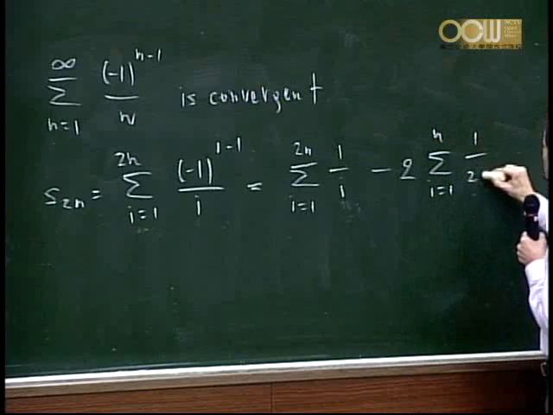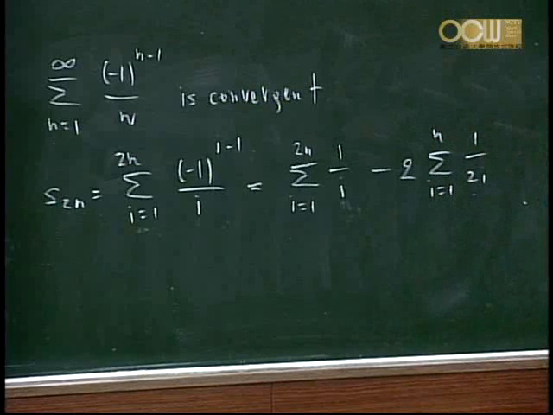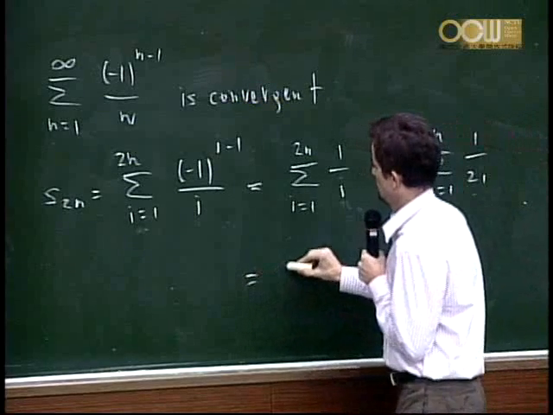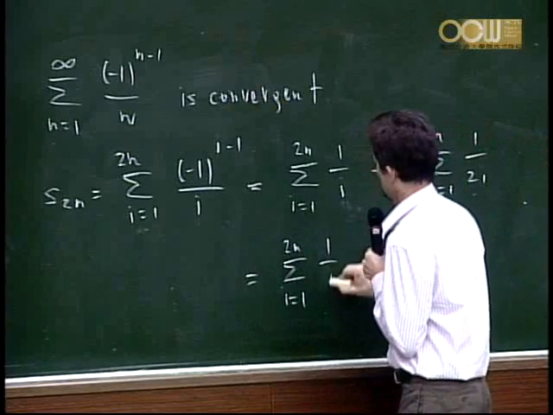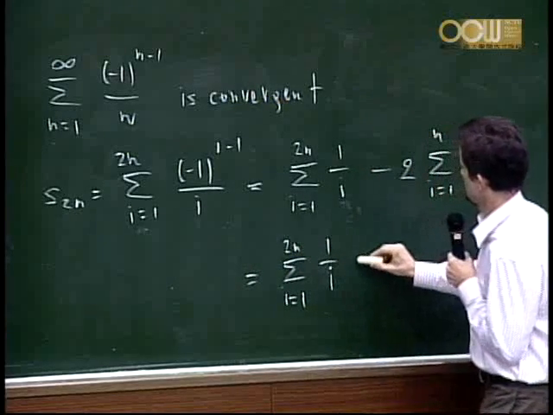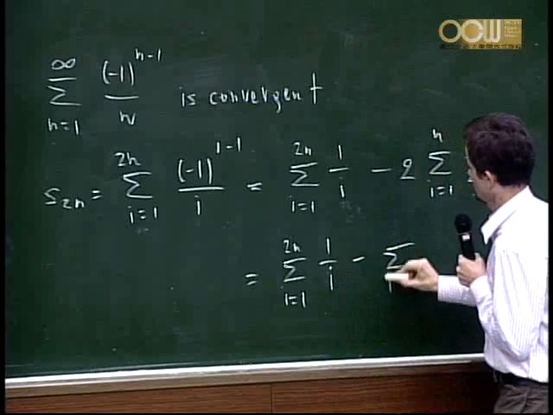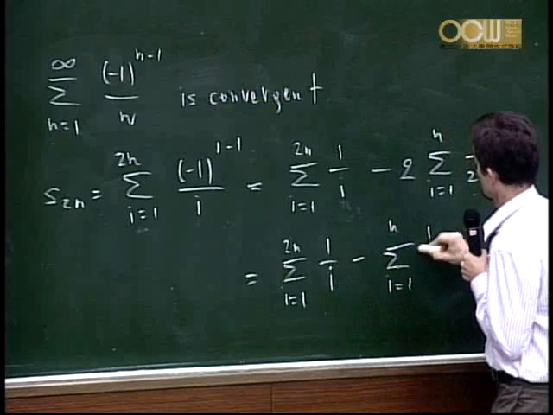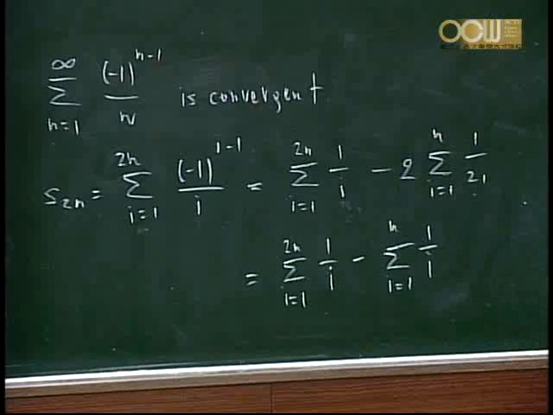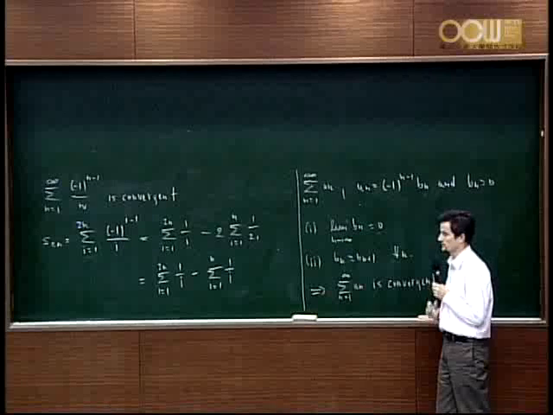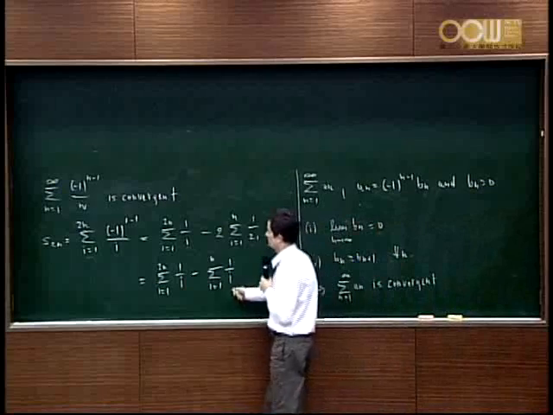1 over 2i. Now this is very fortunate because this tells you that this relation here is satisfied. Okay. Now, how to use this?